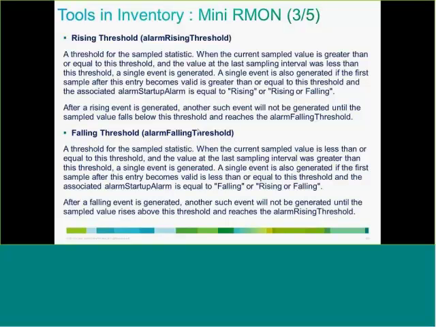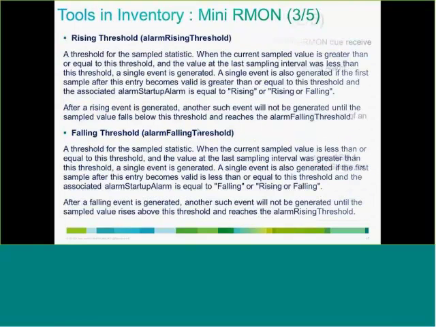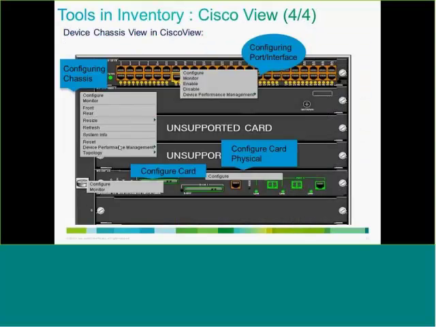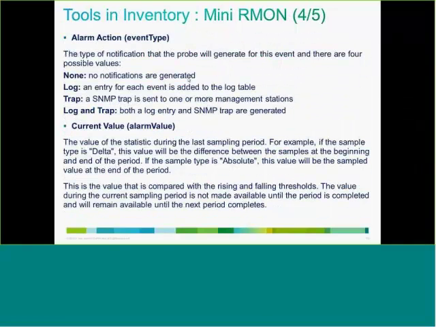So Mini Armon, we can launch directly using Cisco View. We can check this live in a graph. We can check them using the monitor option for the interfaces, where we can directly check the graph, and we can also receive an alert if we configure Armon on the devices.